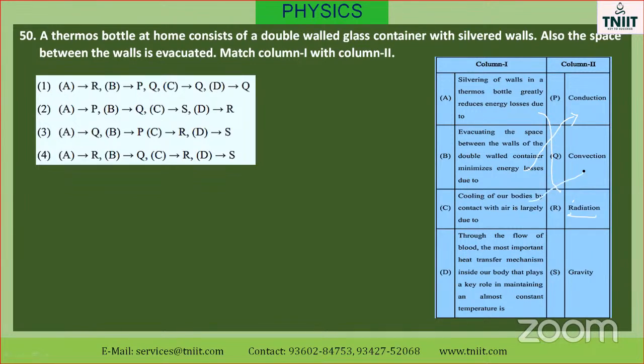Cooling of the body is called convection, where the flow is important, as in the case of blood. So C and Q tend to the same option. Q is there only in option A. So option 1 will be the right answer. It is also a theory based question, students.